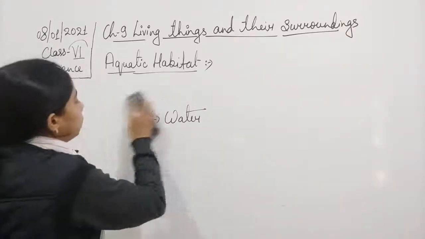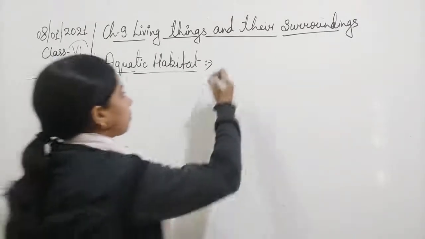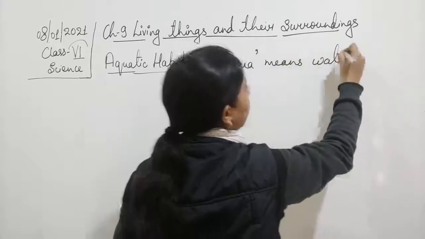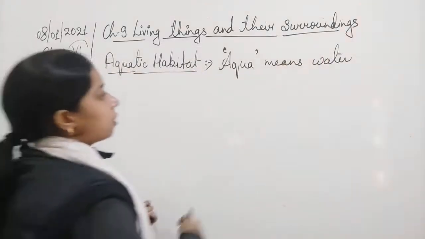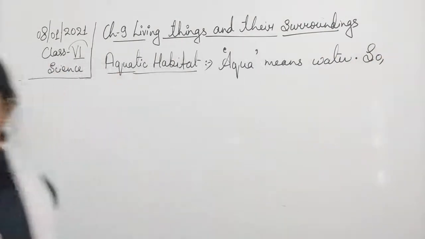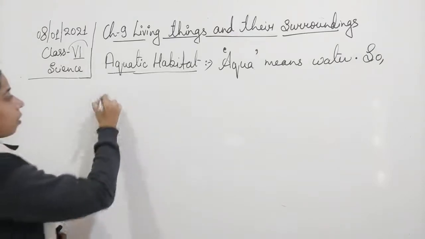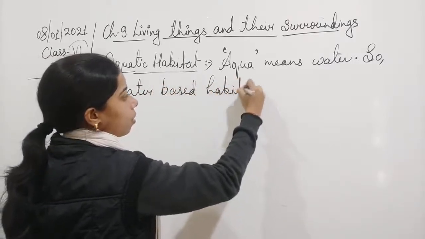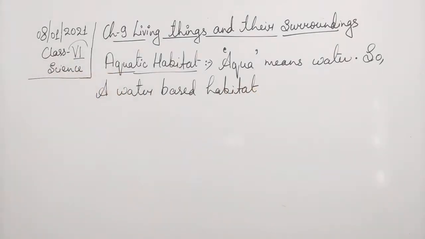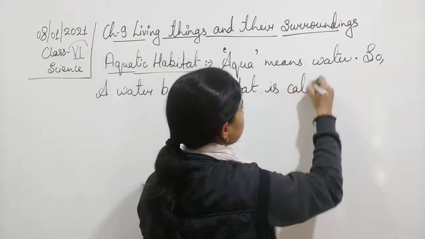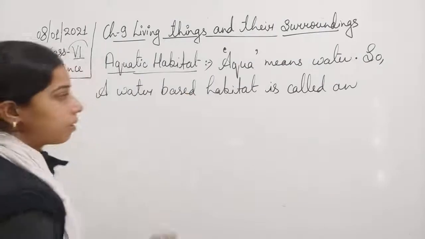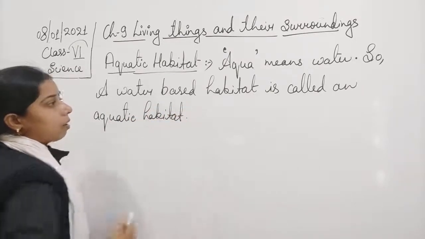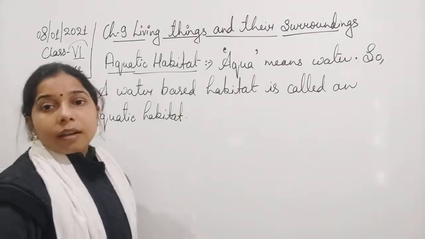So we can write it: aqua means water, so a water-based habitat is called an aquatic habitat.